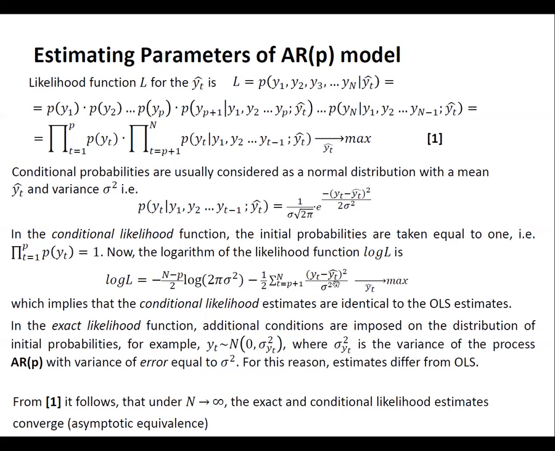Now we maximize this function by iterating over the parameter estimates. In fact, the estimation of the parameters is only in the numerator of the second term. Sigma, since it is supposed to be equal to a constant, does not affect anything. And accordingly, with such a conclusion, the conditional likelihood estimates are identical to the least squares estimates.